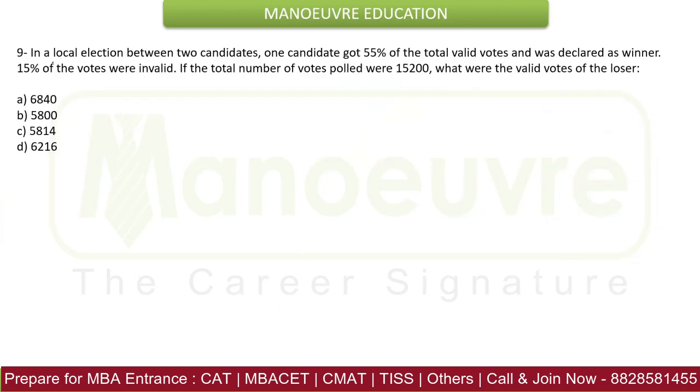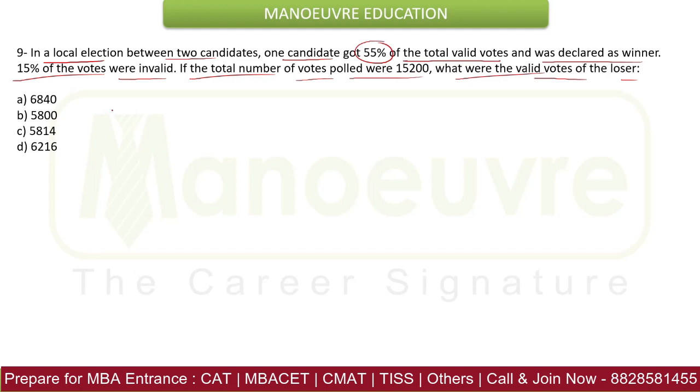Now in a local election between two candidates, one candidate got 55% of the total valid votes and was declared winner. 15% of the votes were invalid. If the total number of votes polled were 15,200, what were the valid votes of the loser?